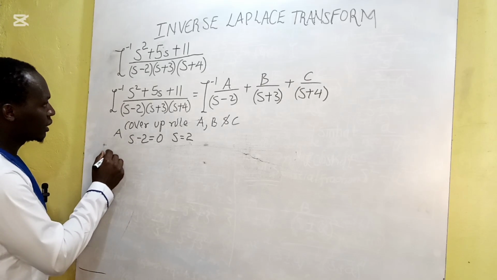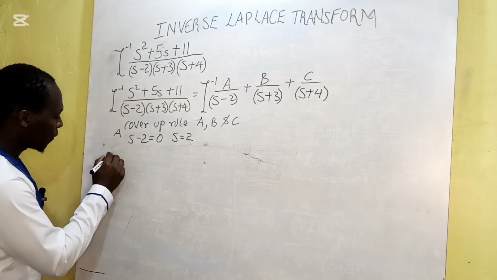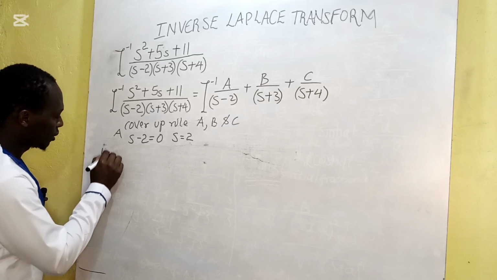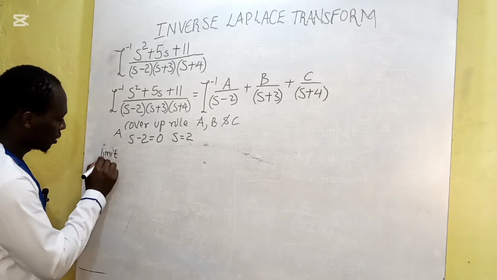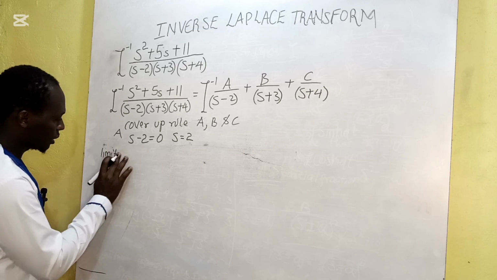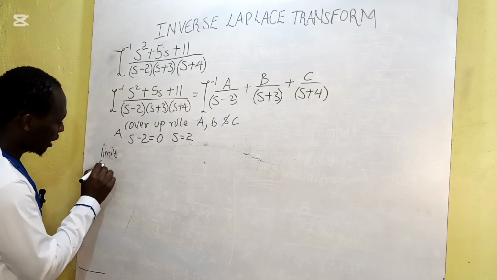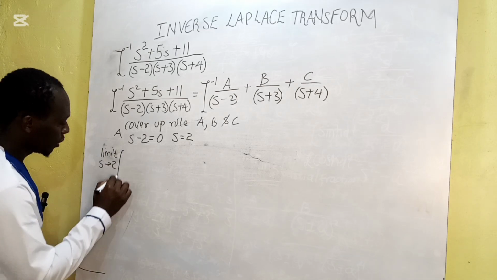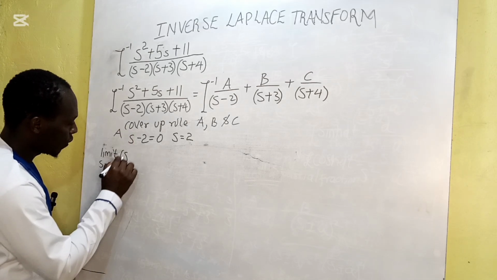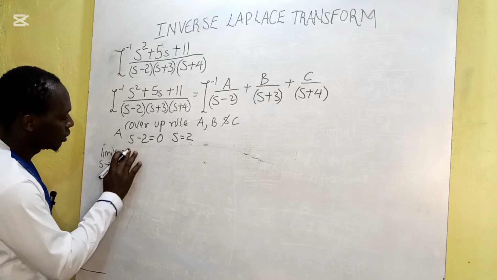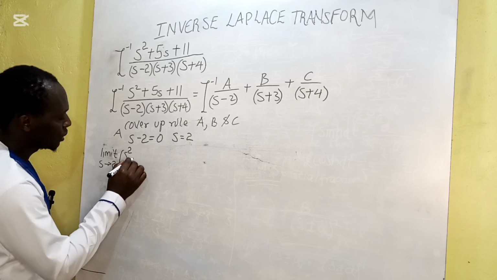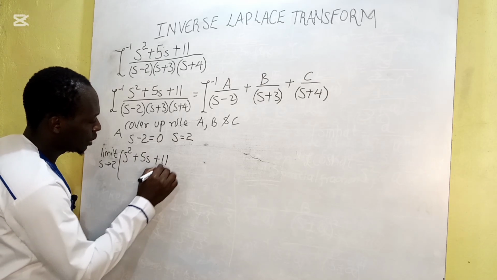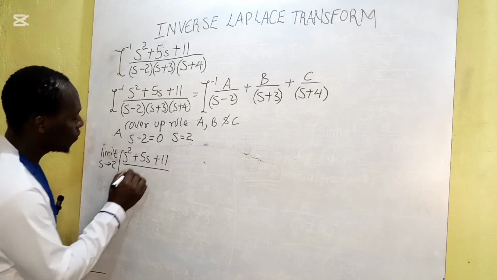We say that A is the limit as s approaches 2 of (s squared + 5s + 11) over (s + 3)(s + 4).